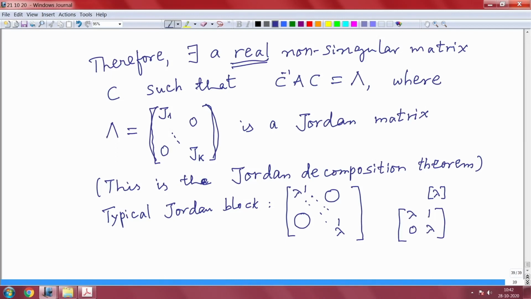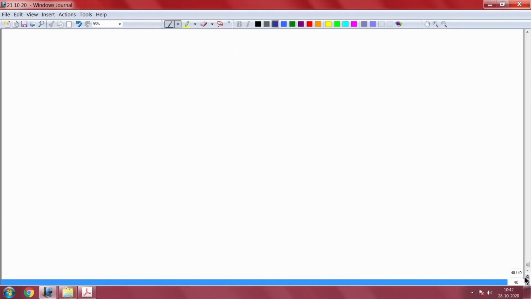Okay. So, what is the advantage of this? The advantage of this is that system 1 reduces to a simpler form, which can be easily analyzed. So, put V equal to C inverse U. Then let us compute d by dt of V. Since C is a constant matrix, we can just bring it out and use system 1.